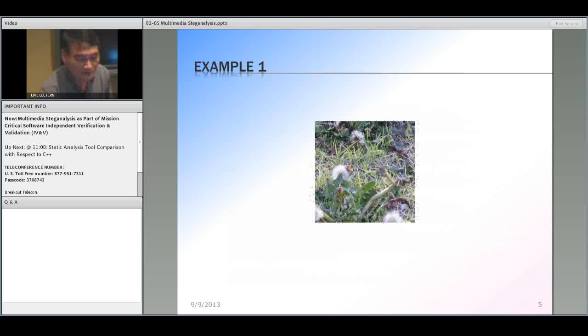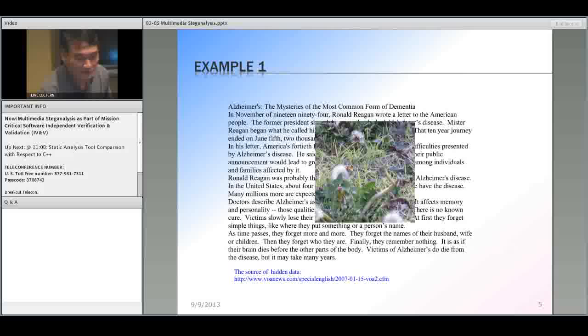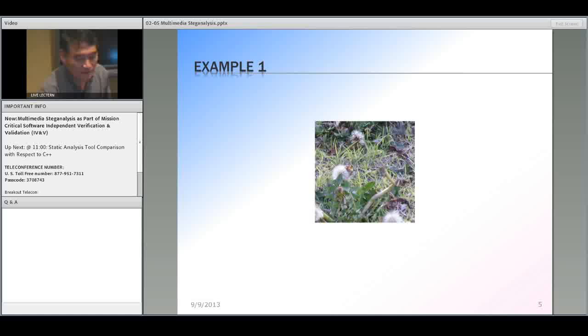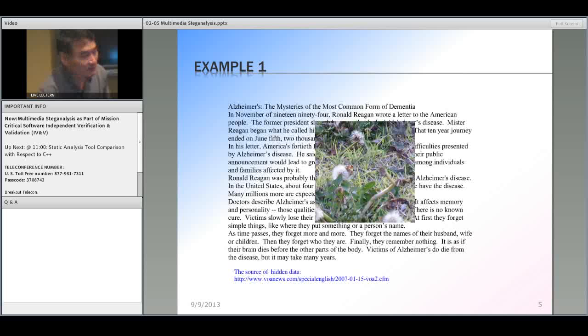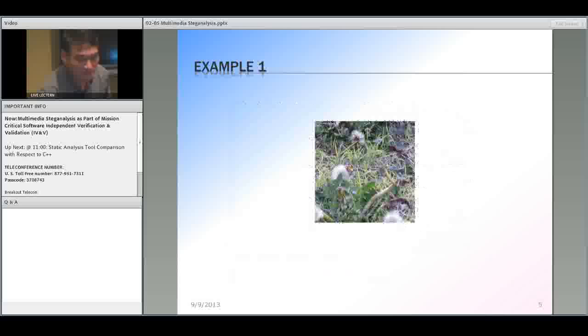All right, so this is, go back. This is just one small example of embedding this whole text into this picture. Right, so this one is the original picture. And the second one is the picture with the contents embedded in it. So of course we cannot see any difference whatsoever, right?